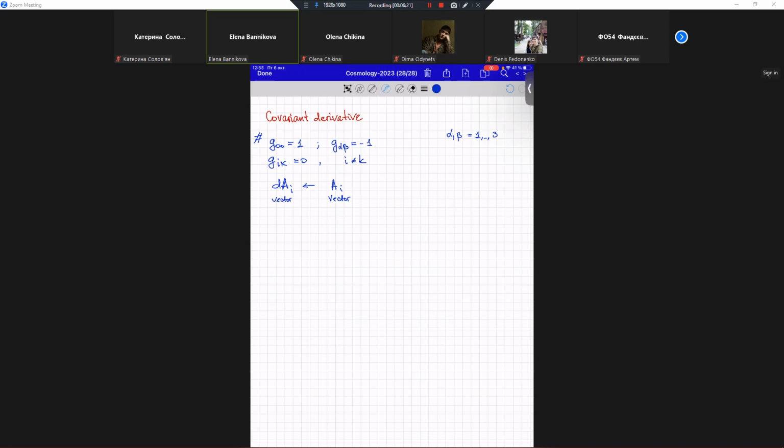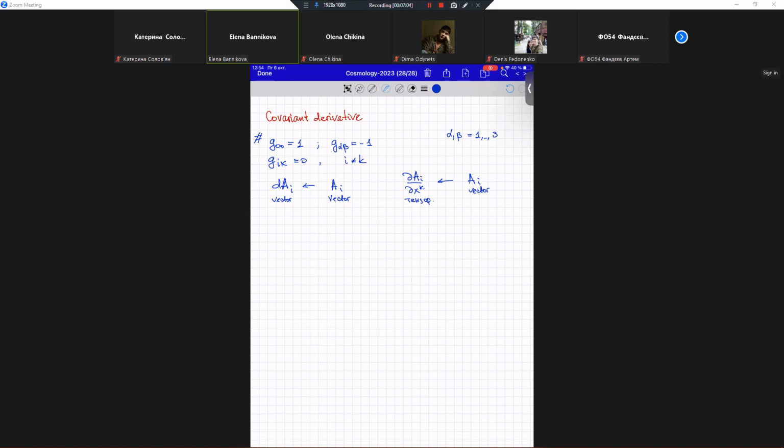If we want to find the derivative dA_i by dx_k from the vector A_i, we will obtain a tensor. It means that if we go from one reference system to another, the rules will be the same.